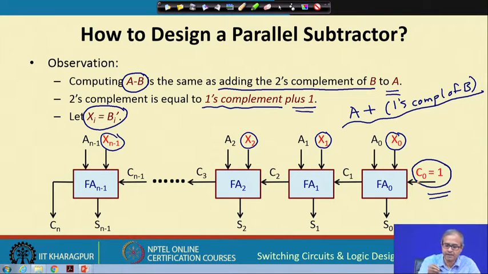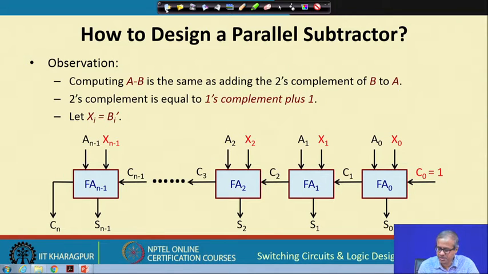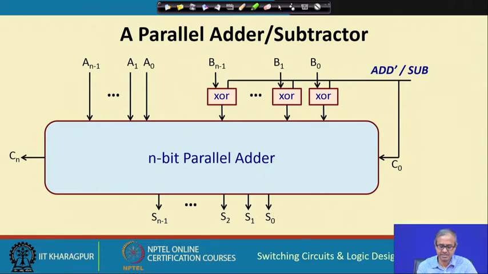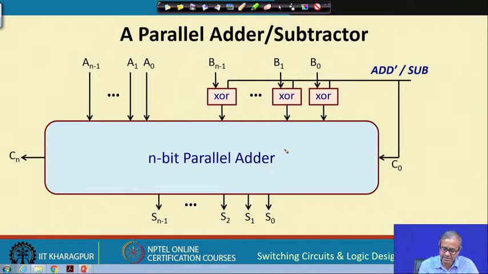Now, let us see how we can make this general, meaning a circuit which can do both addition and subtraction. Let us see how that circuit will look. It will look something like this, where this is our adder.